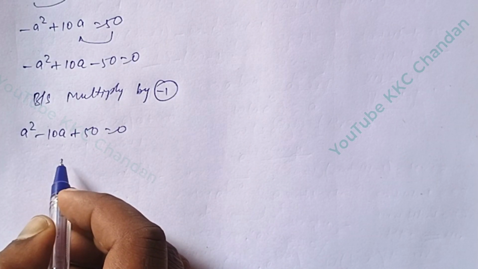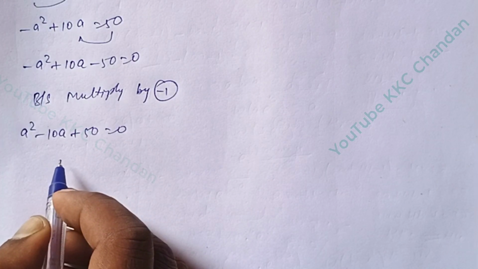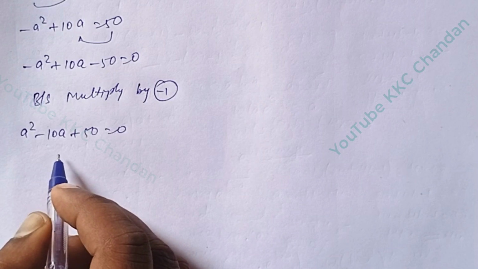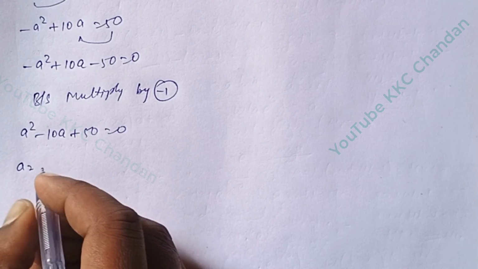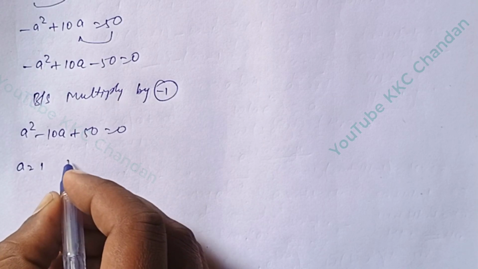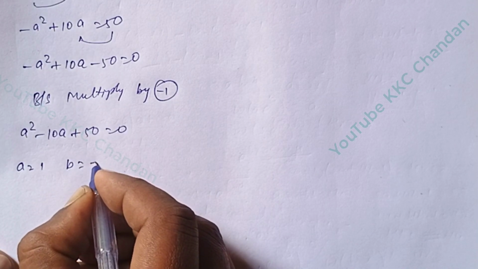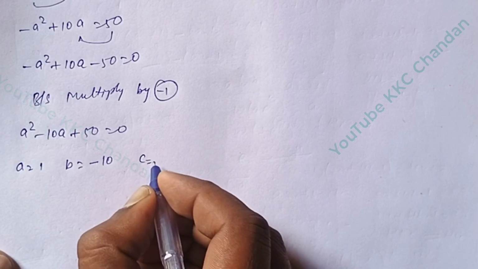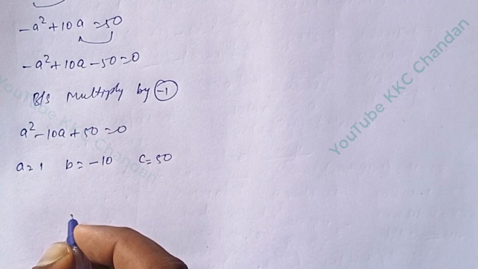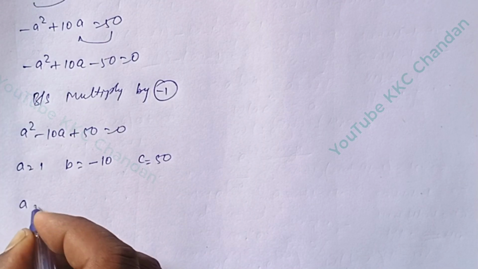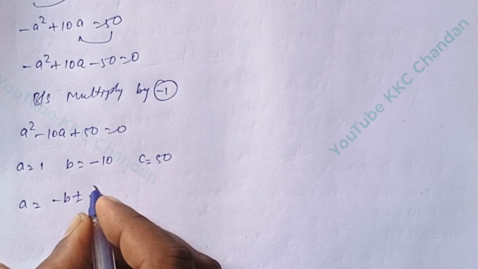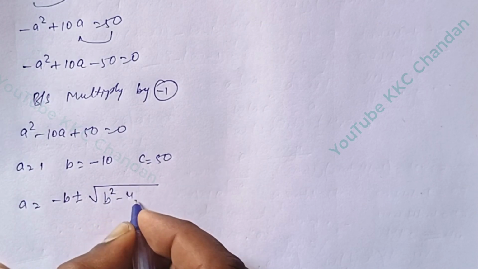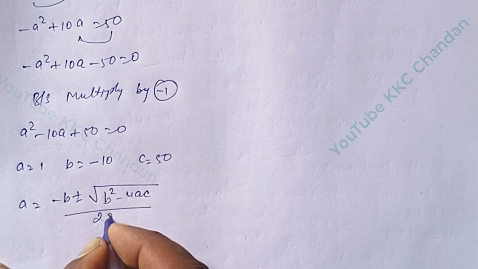This is in the form of a quadratic equation. Here the a square coefficient is 1, b is equal to minus 10, c is equal to 50. We know that the quadratic formula is minus b plus minus root under b square minus 4ac, divided by 2a.